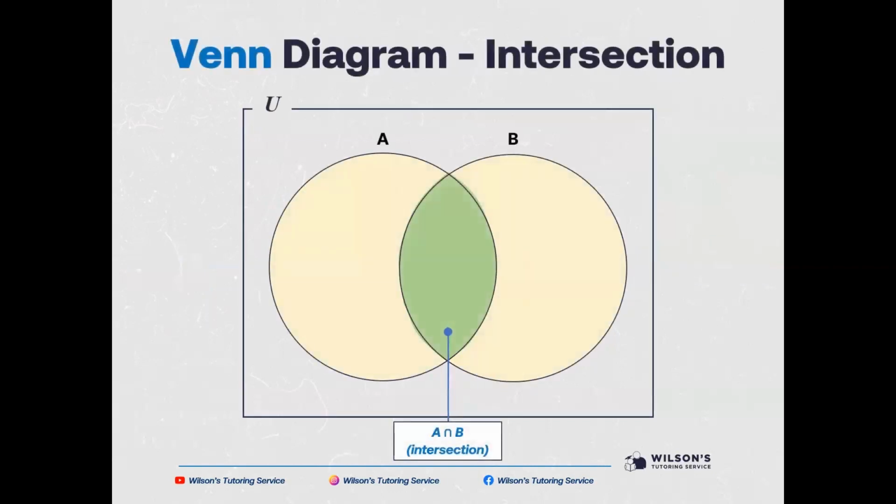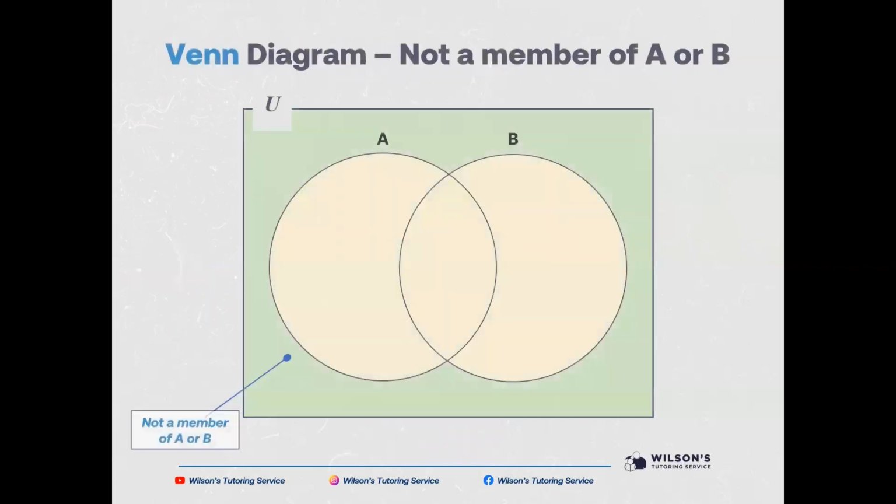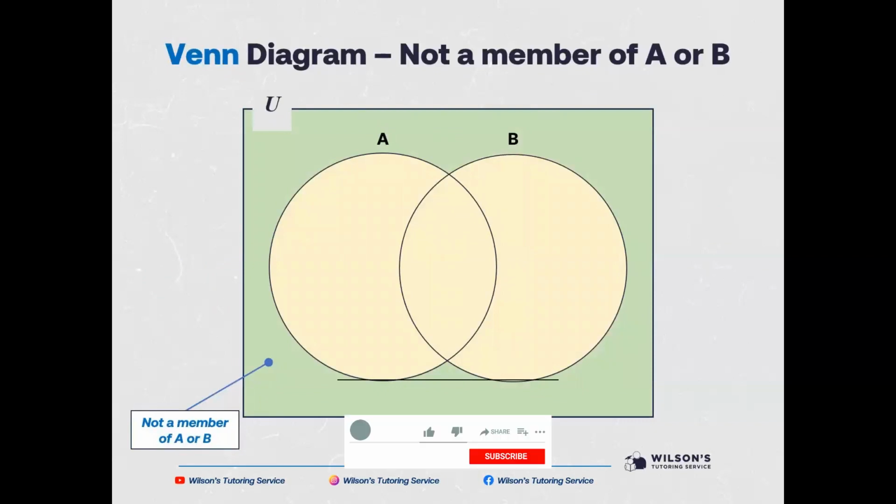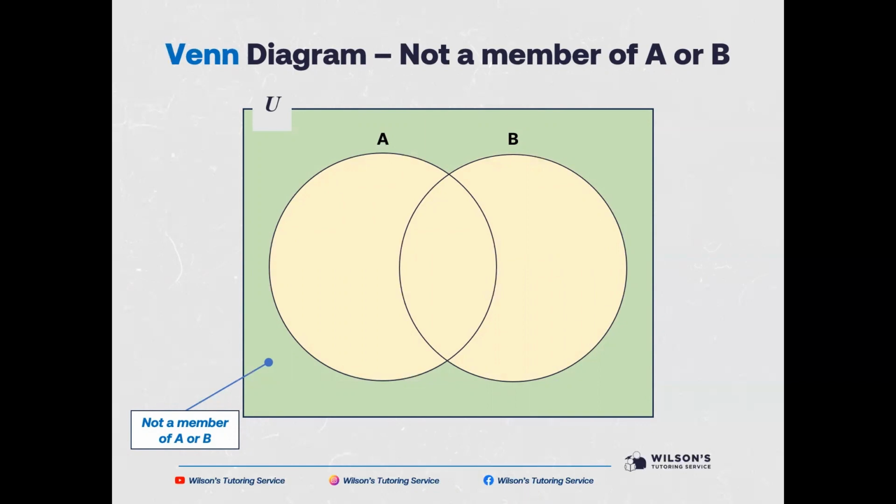For the intersection, where the elements are common to both sets, they'll be placed at the center where the two circles overlap. For elements that are in the universal set but are not a part of sets A or B, we place them inside the rectangle but outside of the circles.